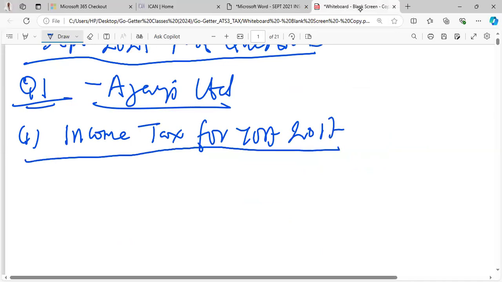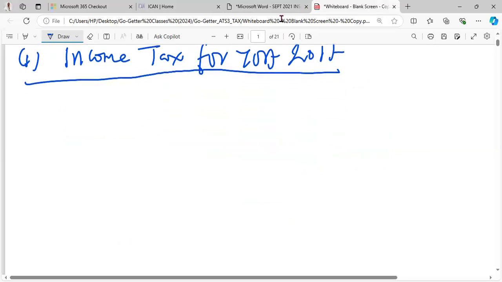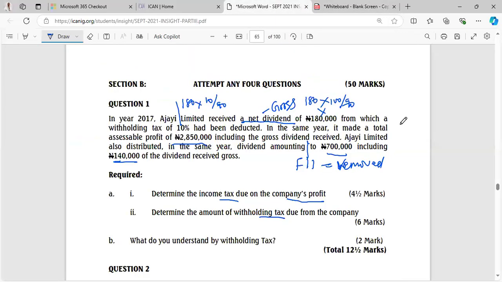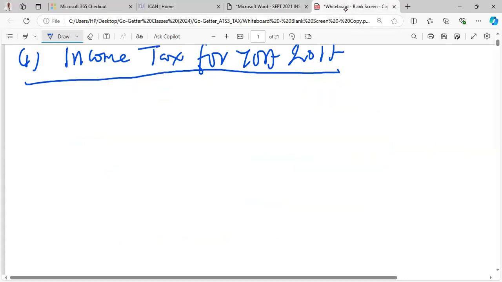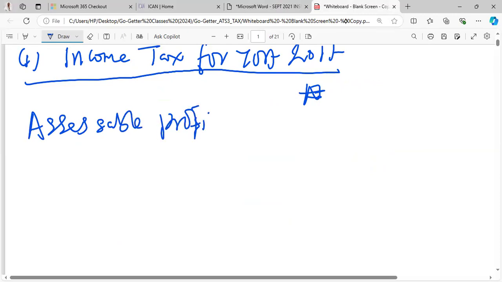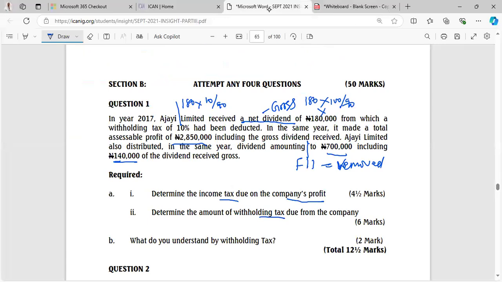All right. So we're told that our assessable profit is 2.85 million. So that's what we're starting with. So this is assessable profit, 2,850,000. Now, we are told that the dividend received gross is inside this 2,850.